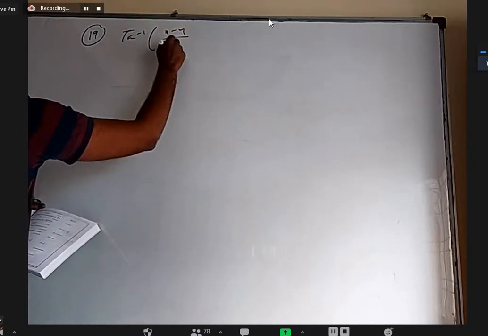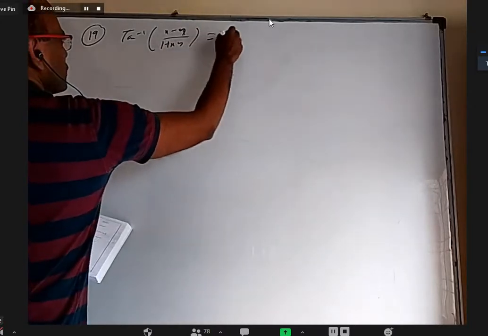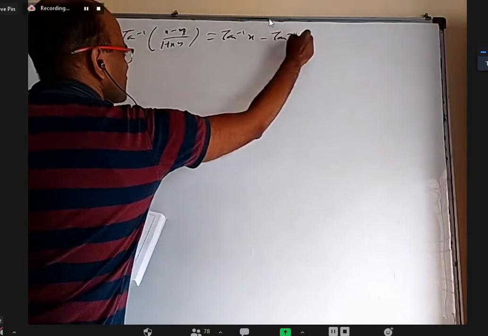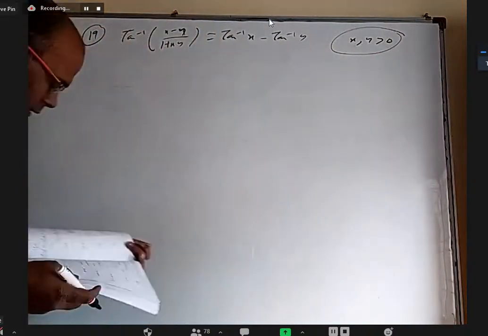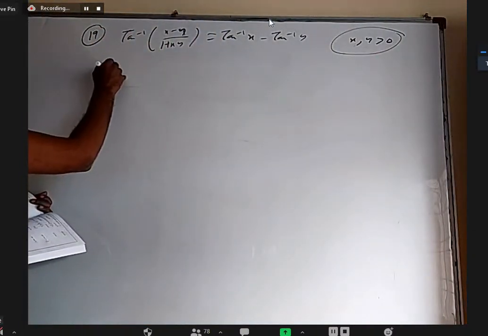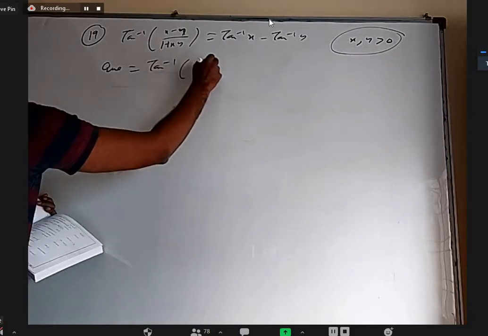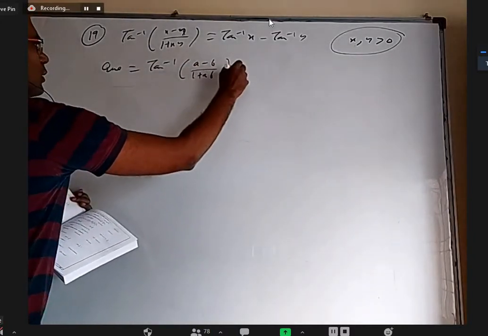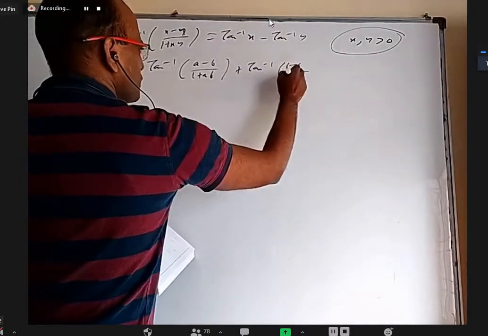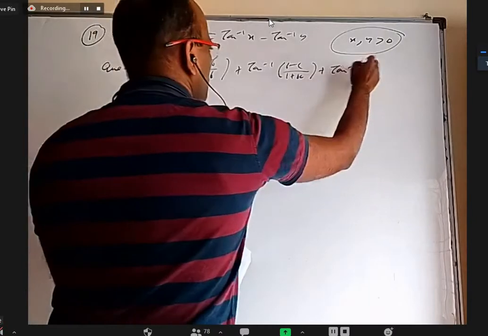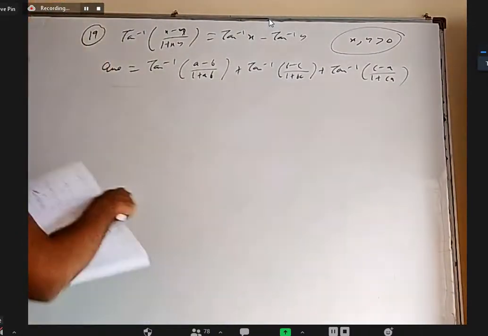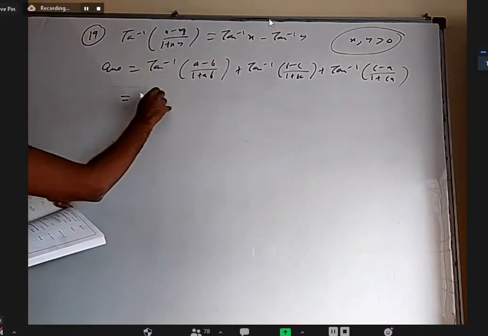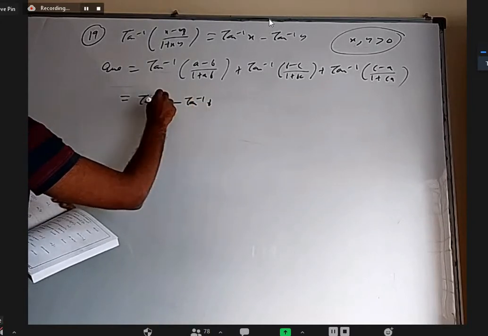Okay, 19. Tan inverse of x minus y by 1 plus xy equals, directly we have the formula, tan inverse x minus tan inverse y. Of course, x and y are positive for that only. So here the question is tan inverse of a minus b by 1 plus ab, and tan inverse of b minus c by 1 plus bc, and tan inverse of c minus a by 1 plus ca. This I can write as tan inverse a minus tan inverse b.